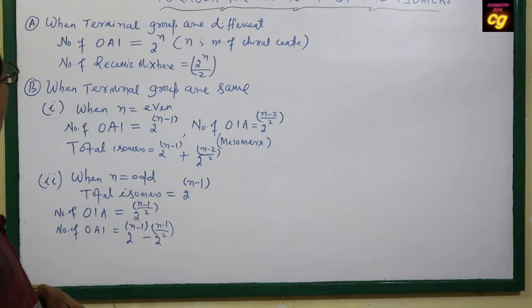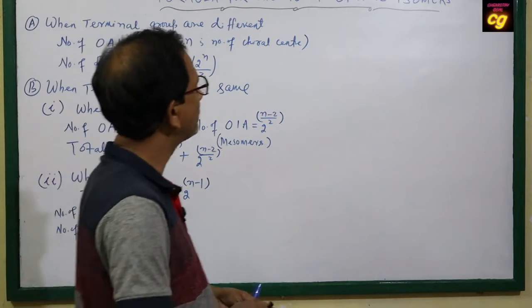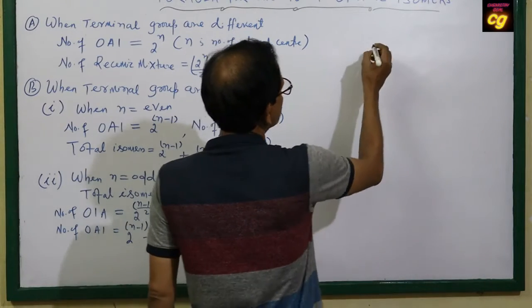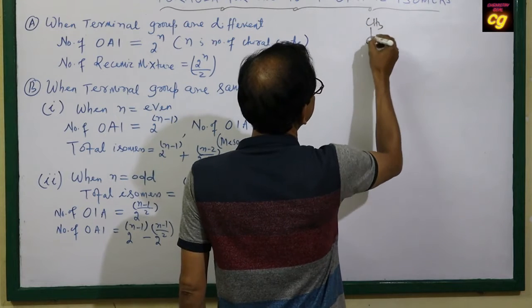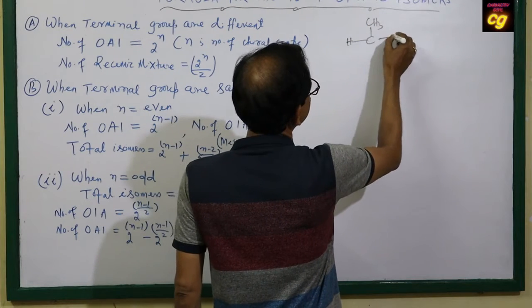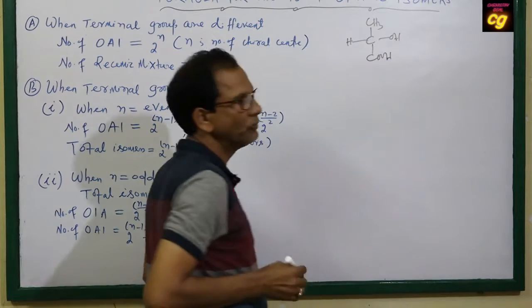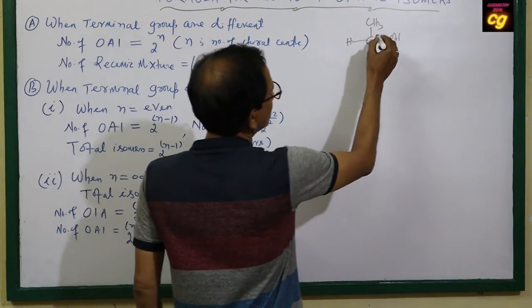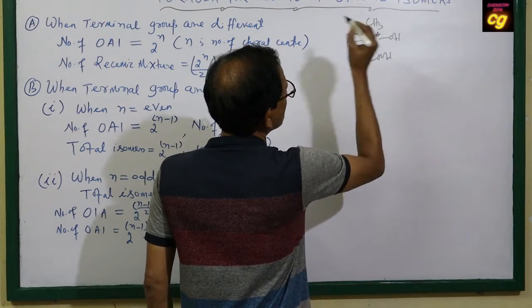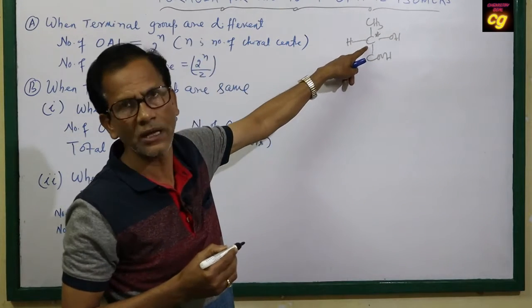You see the groups, suppose, I am writing one example, suppose this one, this is a compound. Here if you see, this is the chiral center, already known. This is your chiral center having different groups attached to this carbon atom.